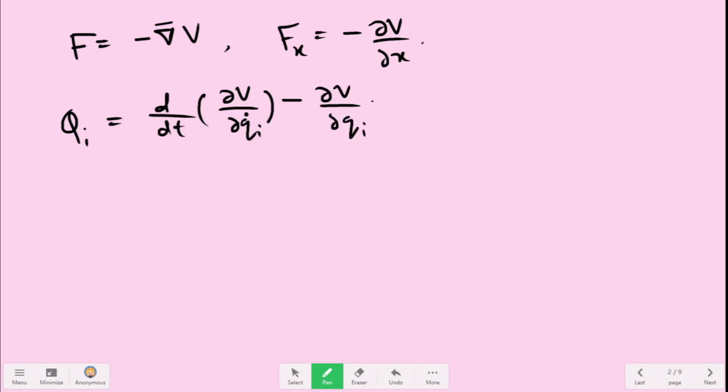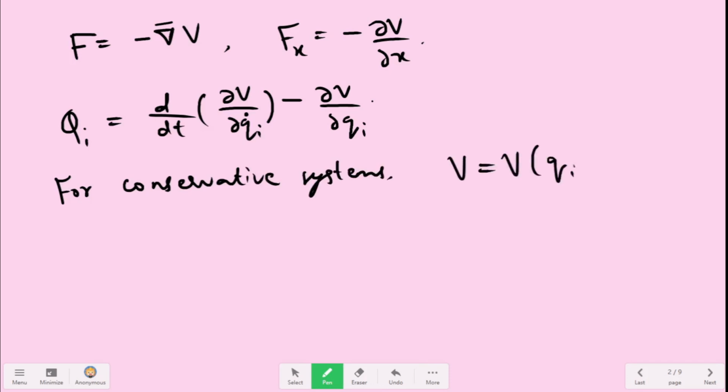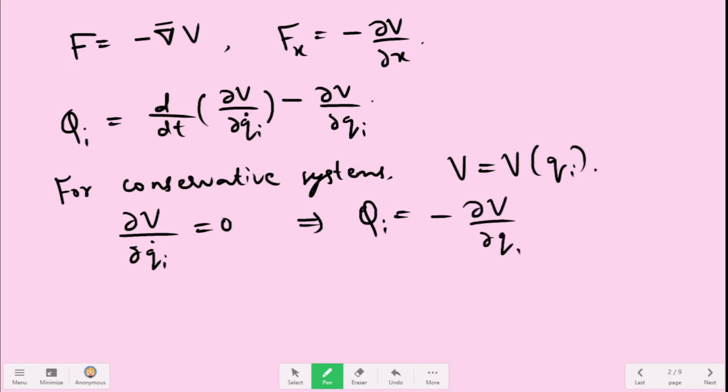For conservative systems, where the potential is a function of q_i only, ∂V/∂q_i dot will become 0, and this implies Q_i is equal to minus ∂V/∂q_i.